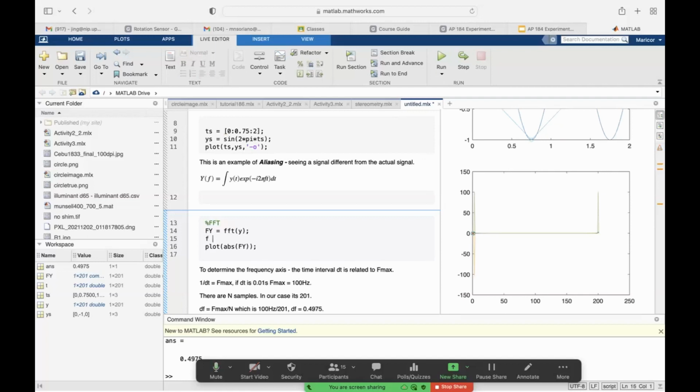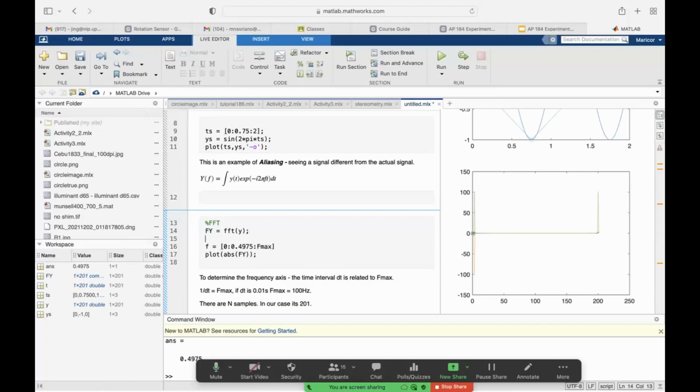So here, let's go back. Let's put in the frequency axis. We can start from 0 to a point spacing of 0.4975, and the max would be Fmax. Oh, I didn't write Fmax. Fmax is equal to 1 over dt.